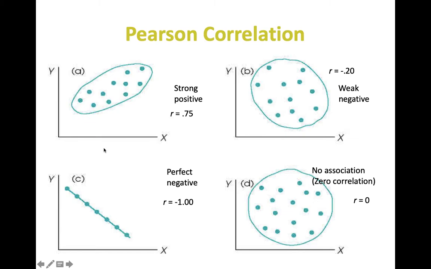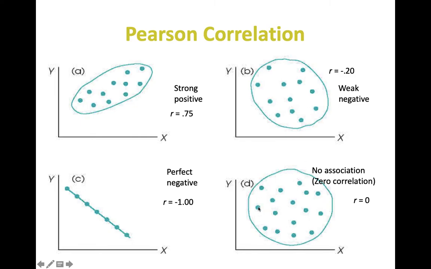So what a scatter plot allows us to do is look at the strength of the association between two variables. In this top left panel, we've got a strong positive association. I just put in a number, 0.75, as one that would represent a strong positive correlation. I don't necessarily know that that's the correlation here. It's an estimate. Here we see a scatter plot that would represent what a number like -0.2 would reflect, so a weak negative correlation.